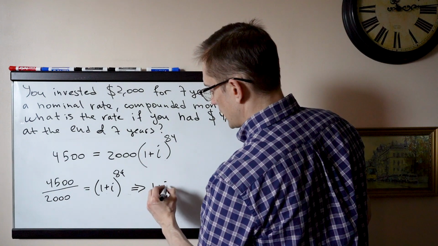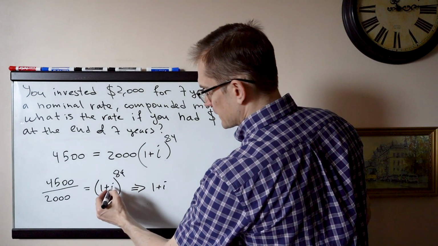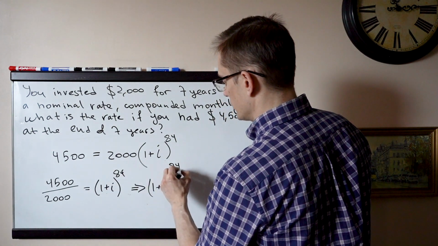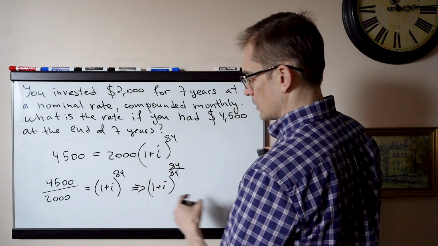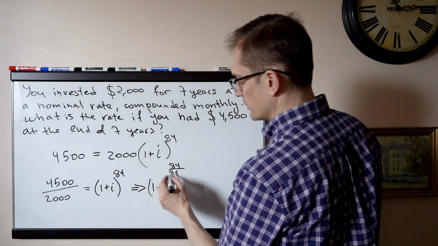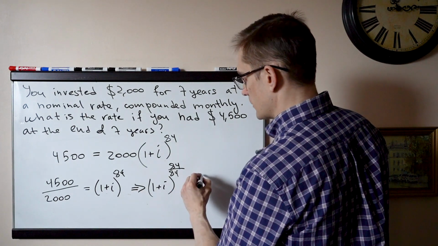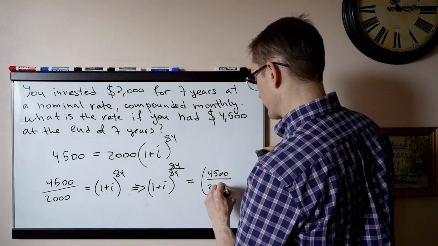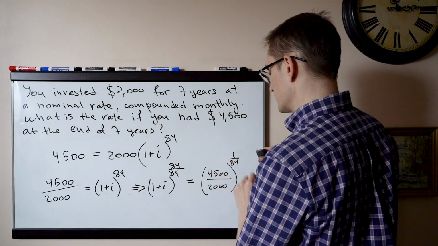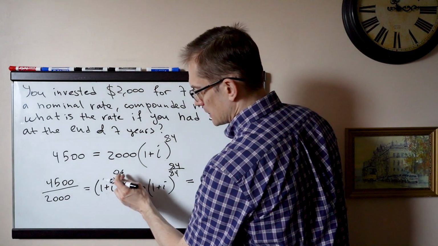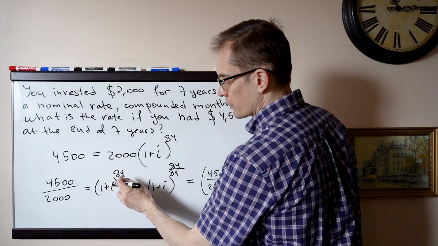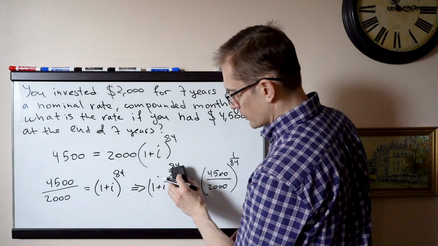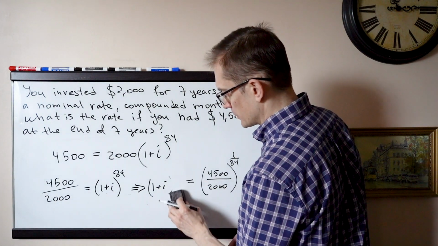In order to find this 1 plus I, I will be looking for an exponent which will get rid of this 84. So basically, for (1 plus I) to the 84, I'll apply the exponent 1 over 84, and the same I'll do on the other side. So this 84 divided by 84 will become 1, and I don't need this bracket anymore.